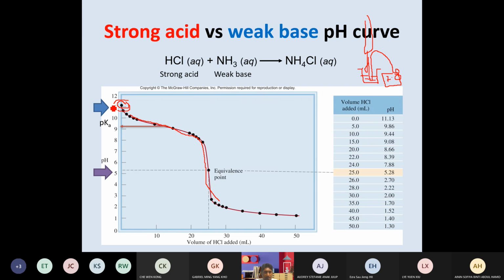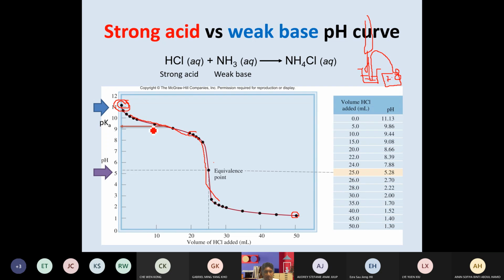We start from 11, and then we continuously go on until the pH reaches about 2 or 3. At that point, we know that this is the end of it, an equivalence point. Later on, we will put the data on Excel or graph paper, and we will take the middle point of the big jump, the leap.